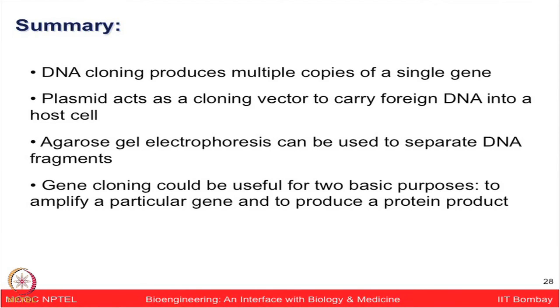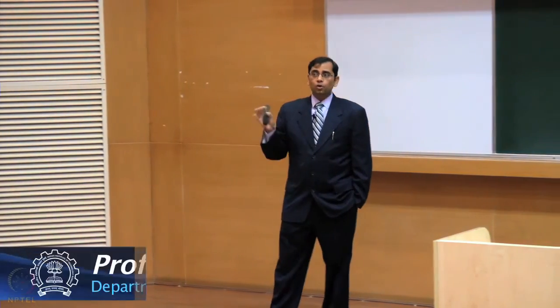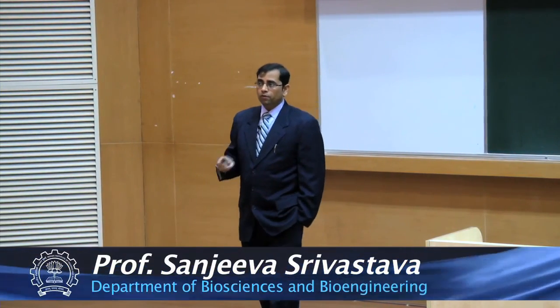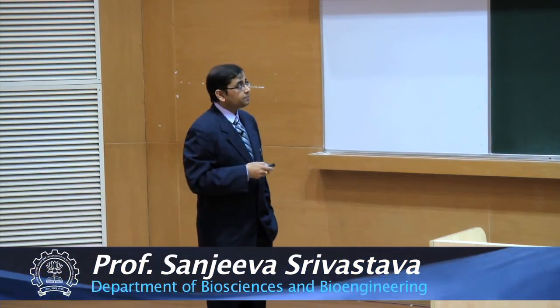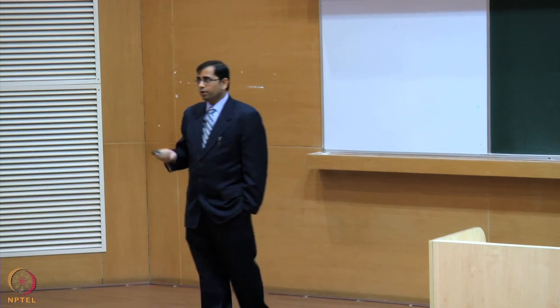And gene cloning can have many applications. Majorly you can see two broad purposes. One is to multiply the gene copies, and second is to make various therapeutic proteins, recombinant protein production. So these two can be the broad applications, which have n number of already known applications which we can see coming out of the biotechnology field. So just by understanding cloning and how the vectors work, a lot of things can be done.